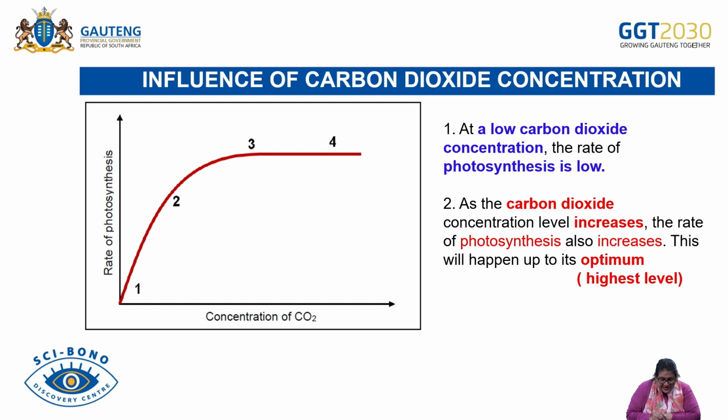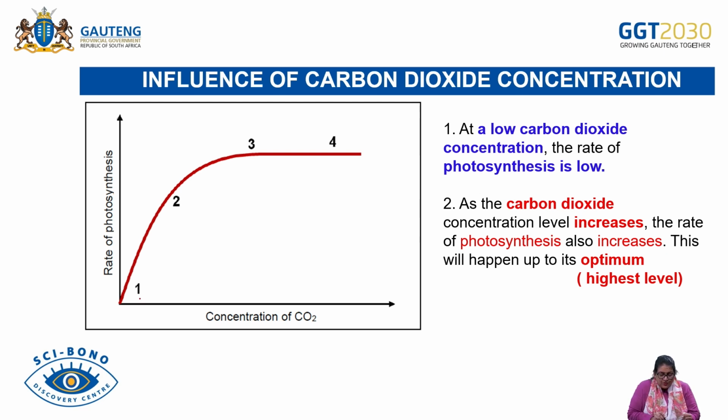So here you can see now, I'm still having rate of photosynthesis as my dependent variable. But now I want to test the effect of carbon dioxide. So I'm going to control how much carbon dioxide I'm going to give to the plant. So concentration of CO2 at 1, 2, 3, 4.